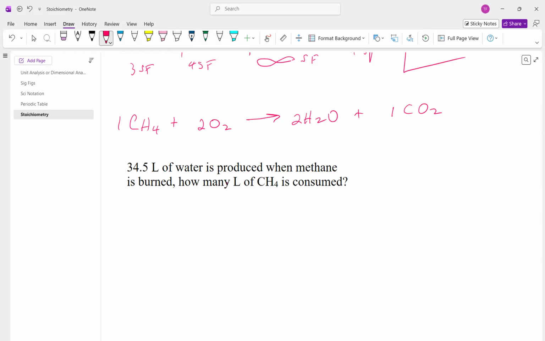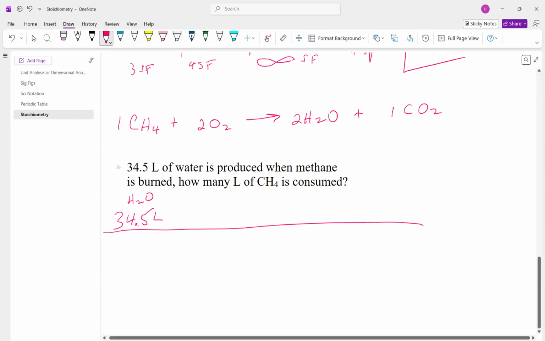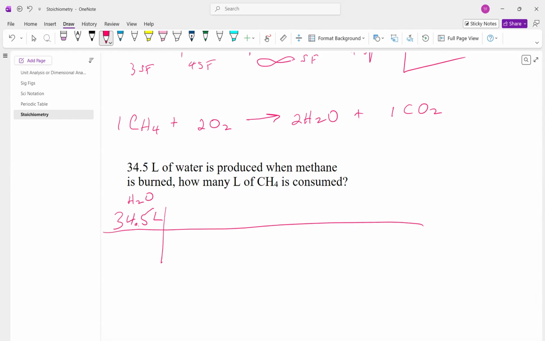Okay, so given is 34 liters of steam, gaseous water, also known as steam. Convert liters to moles. Now we need to go to the balanced equation. Now we're going to liters of methane.